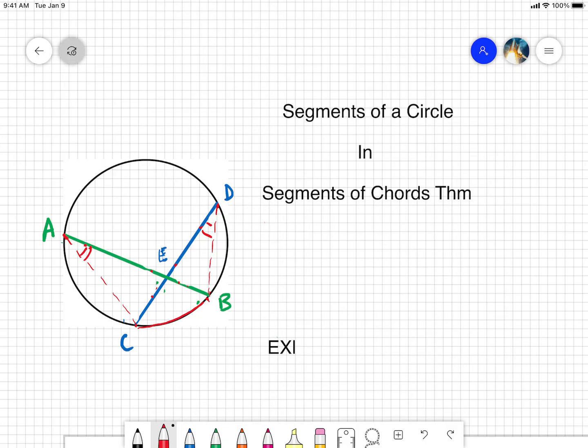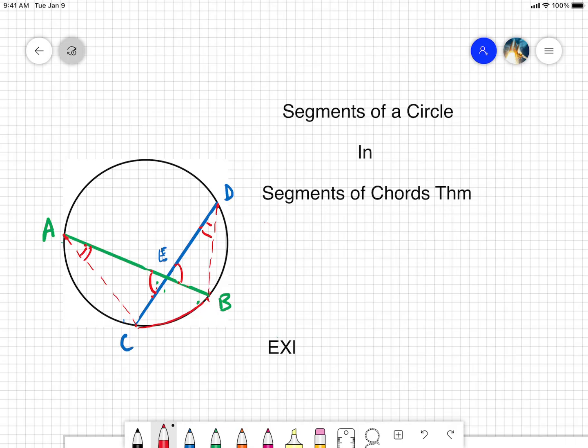So we have angle A and angle D congruent because they intercept the same arc, and they're both inscribed angles. Now we also want to look at this angle right here and this angle right here. We know that those two are congruent because they're vertical angles. So essentially we created two little triangles, and we just showed that they're similar.